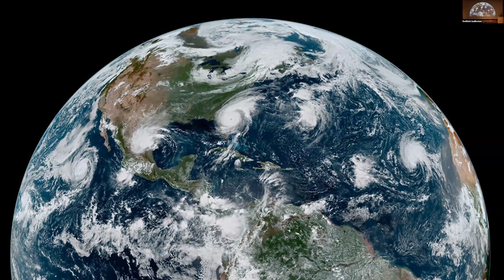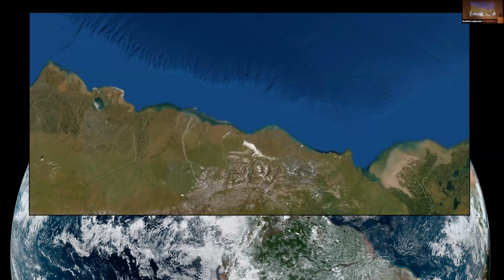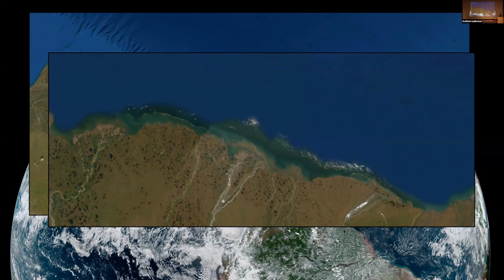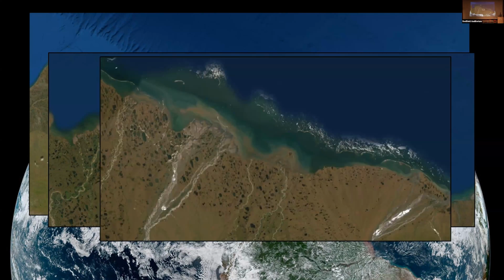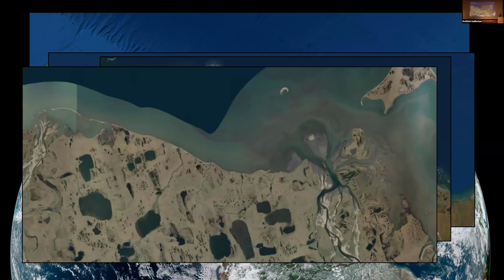If you take a random section of the Earth's coastline, for example, here, northern Alaska, you see big systems like the Mackenzie, but you can zoom in further into the coast. You can see smaller deltas like the Colville, but you can zoom in even further and find deltas on very many different scales, right? So there are big deltas, but there are also small deltas that you shouldn't forget about.